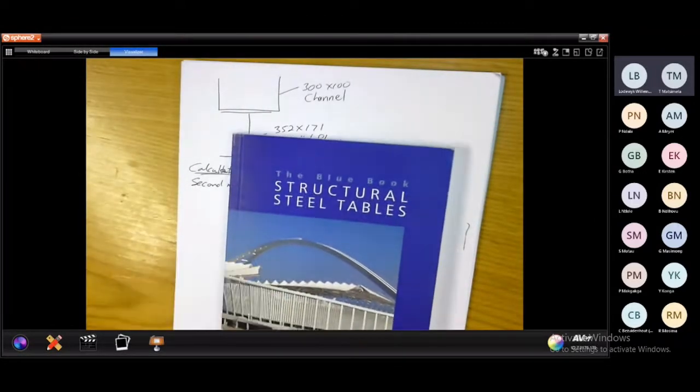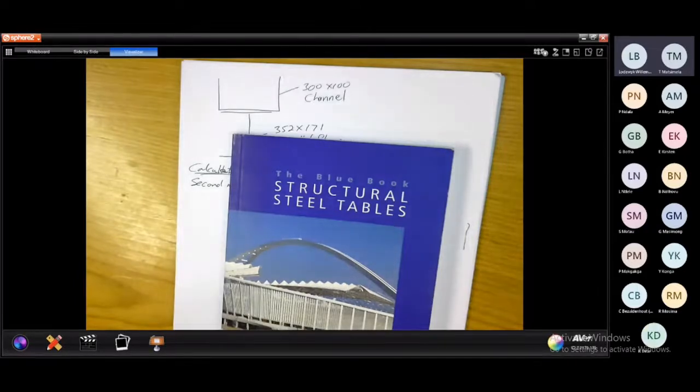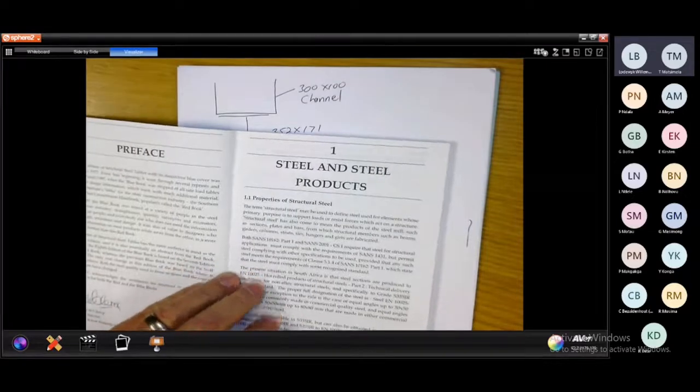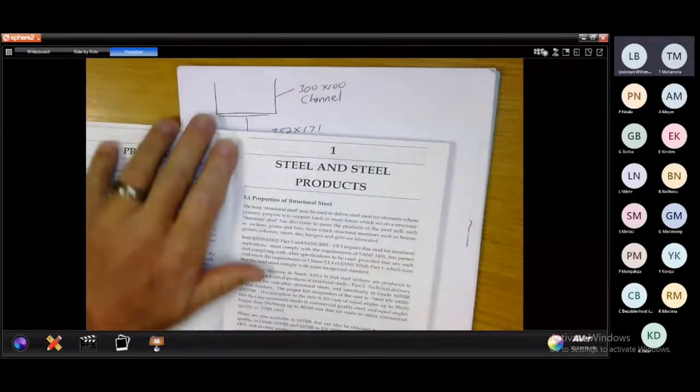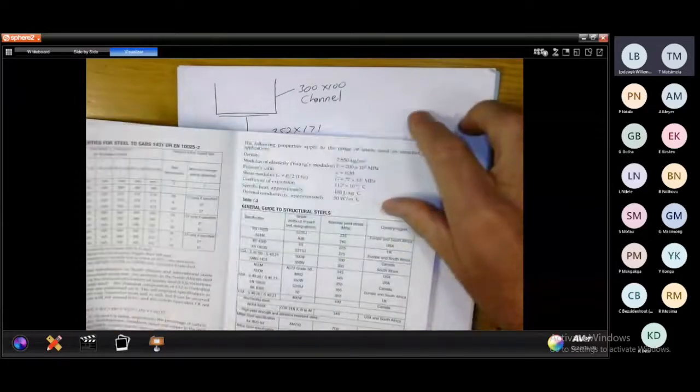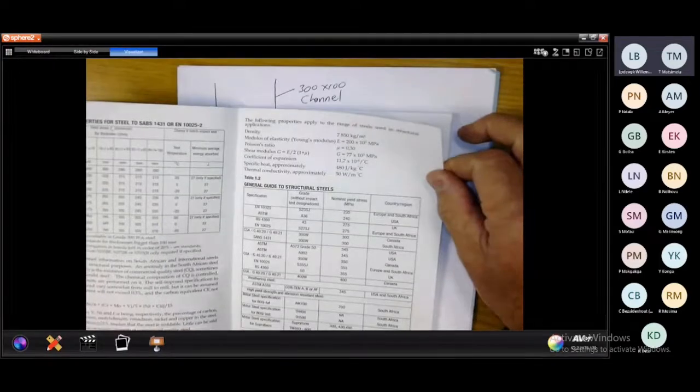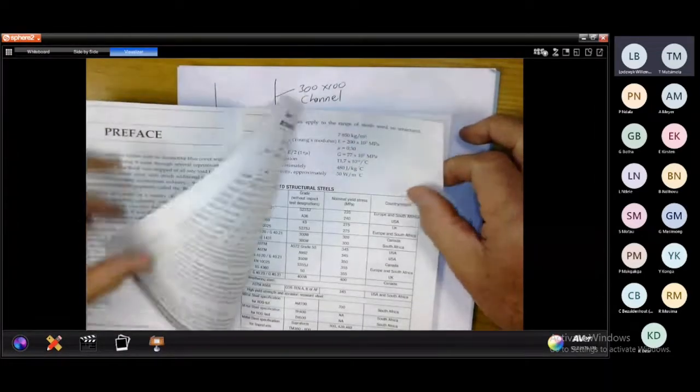This book will help you a lot with different things when you're in the industry, when you're busy designing something, and it is very important to know how it works. If you open it, you will see your first part talking about the properties of the structures. Most of these things you use in design.